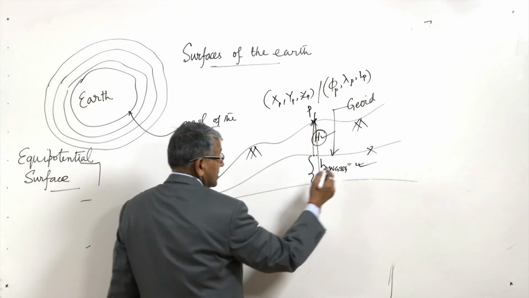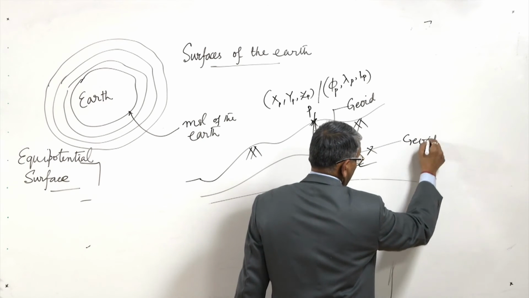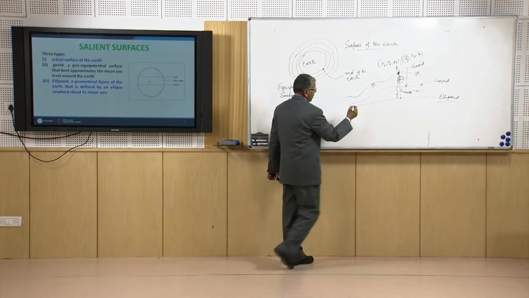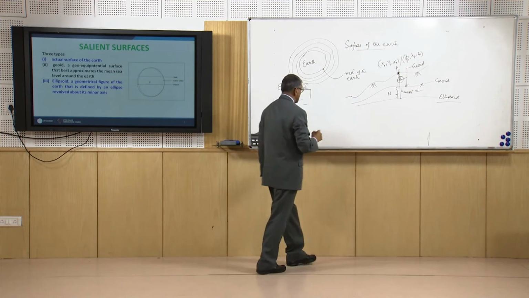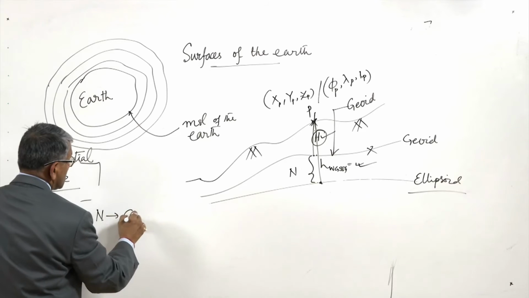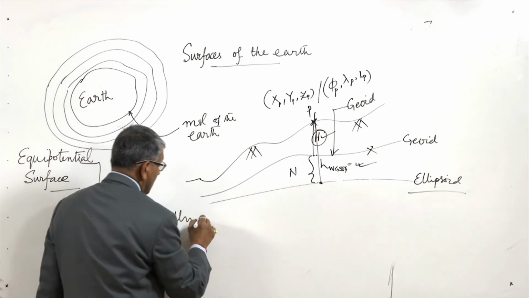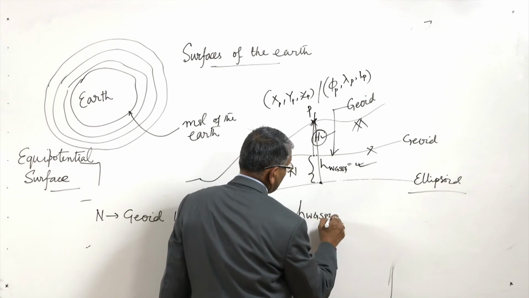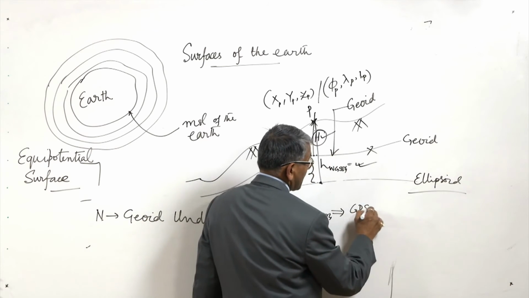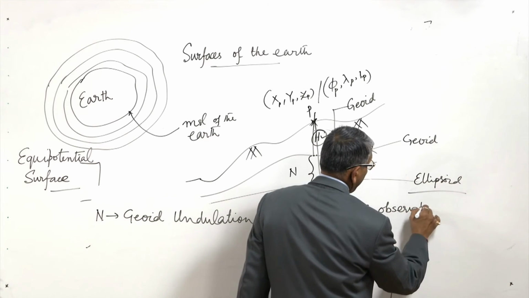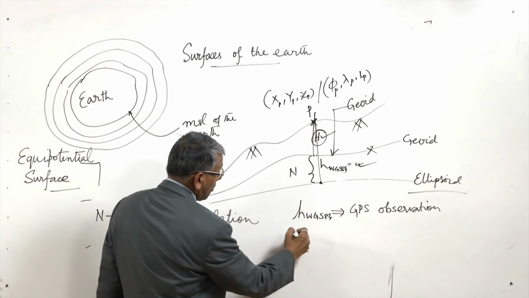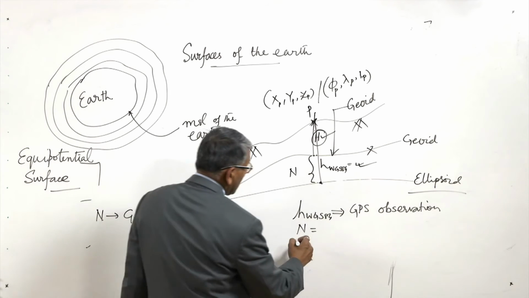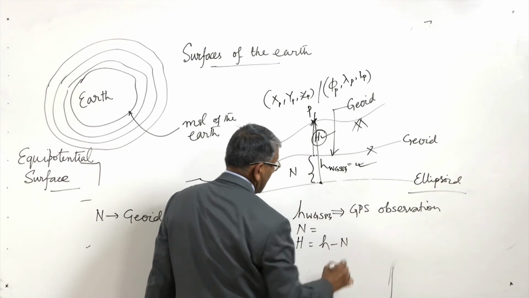This separation between the geoid and the ellipsoid is called the geoid height or geoid undulation, and is represented by N. Now h WGS 84 we can get from GPS observation, and if we know the value of N, the geoid undulation, we will be able to get H equal to h minus N.